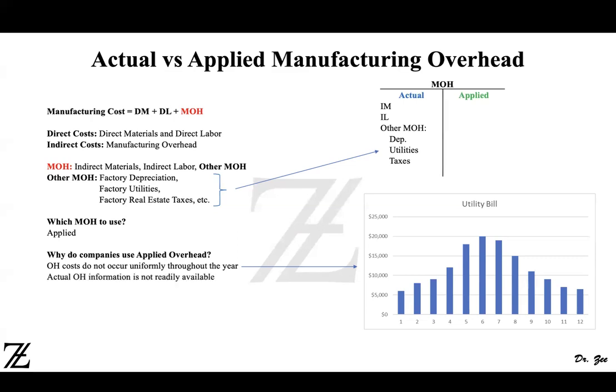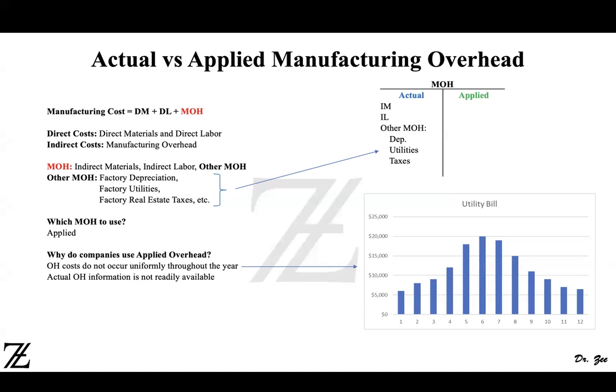The second reason is that the actual overhead information is not readily available. So for example, if you need product cost information in the middle of June, right? June 15th, you completed the product and you need the total cost. You may have direct material information available. You may have direct labor information available, some indirect material, indirect labor, but you may not have utilities information available during the middle of the month.